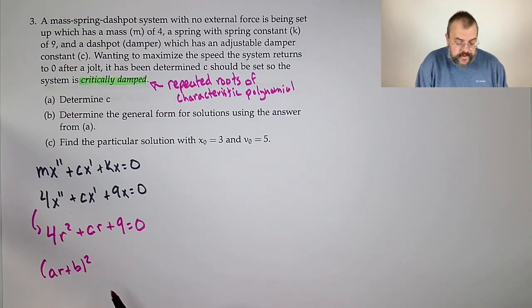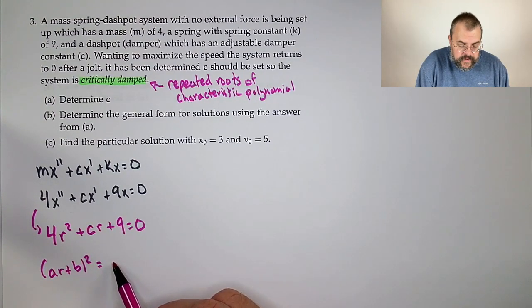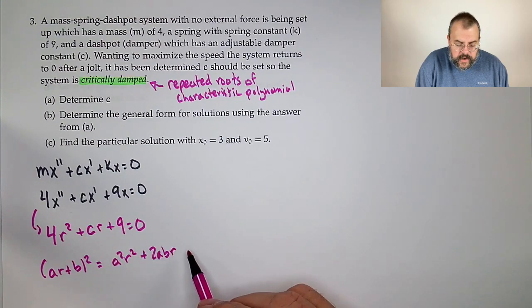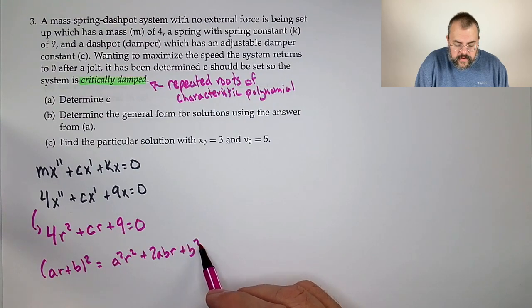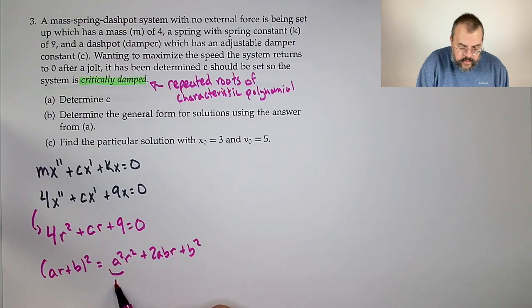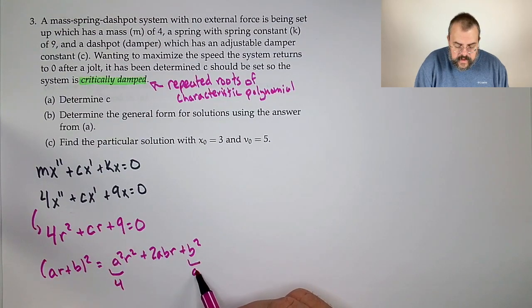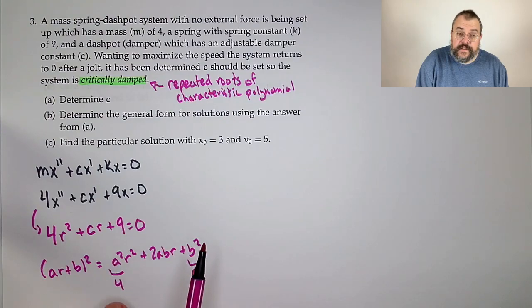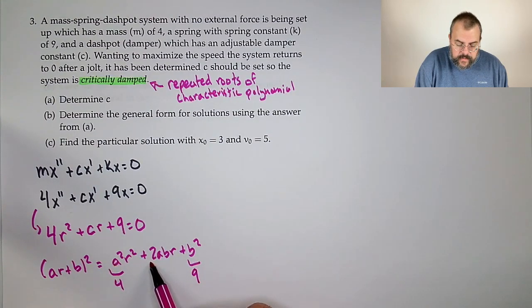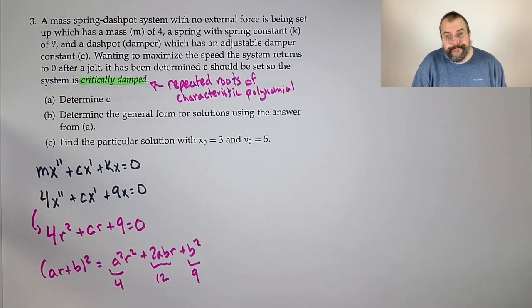That's the only way we can have repeated roots. So that would take the form of a squared r squared plus 2ab times r plus b squared. And then we say, well, a squared is 4, and b squared is 9. So a has to be 2, b has to be 3. So this is 2 times 2 times 3, also known as 12. And now we know what c needs to be.